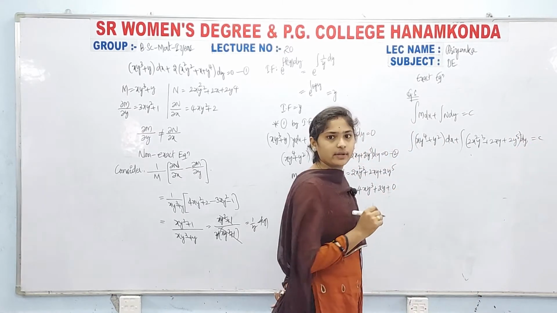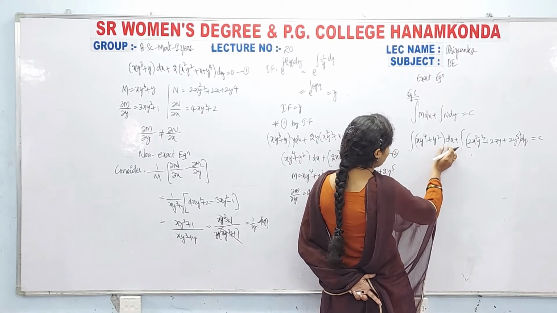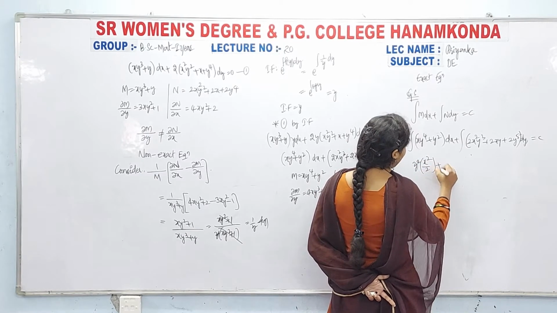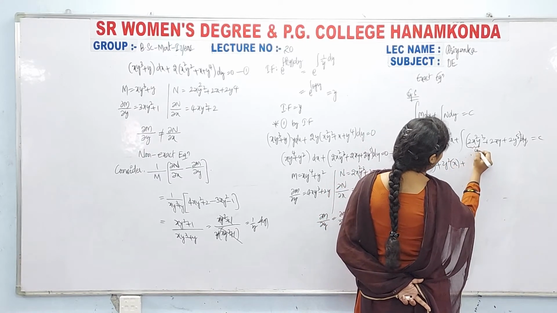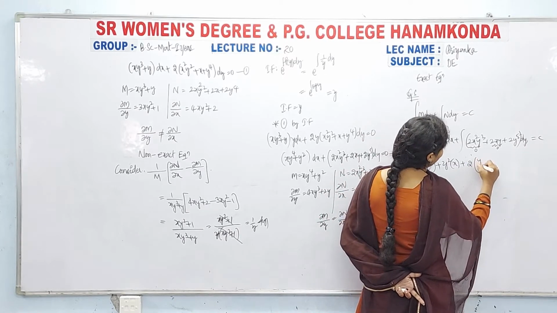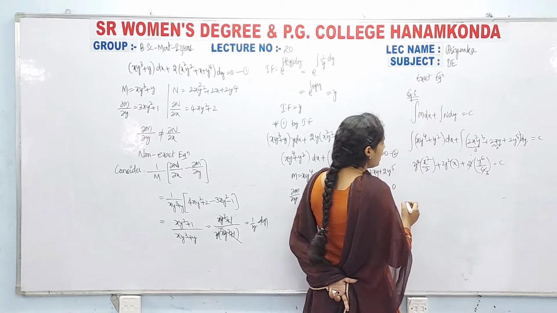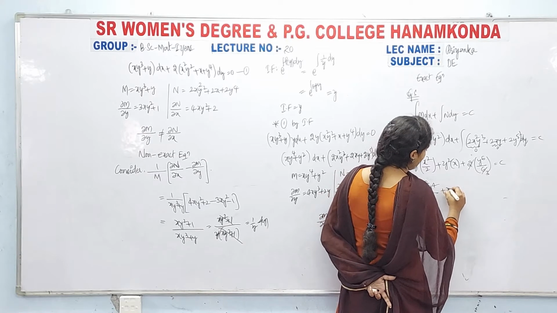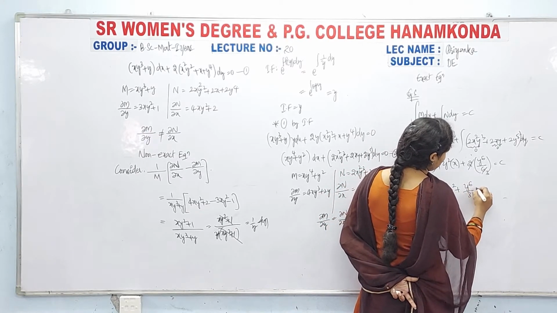Now here we have to take the integration. Integration of this with respect to x means y^4 x^2/2 plus y^2 x, and here it is 0, here it is 0, and here it is nothing but plus 2 into y^6/6, which is equal to c.